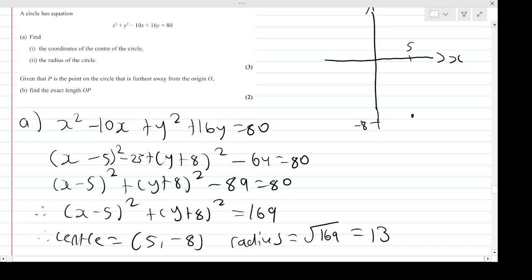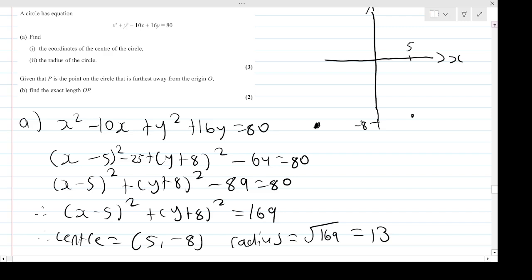To draw an accurate-ish sketch, if the radius is 13, well, firstly, this gap here is 5, because that corresponds to the x-axis. So it's going to be 8 away, so it's going to be over here somewhere, right? Because that's where the edge of the circle will be.